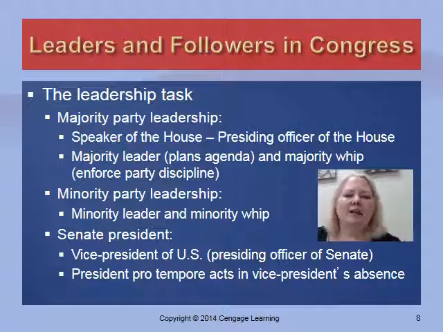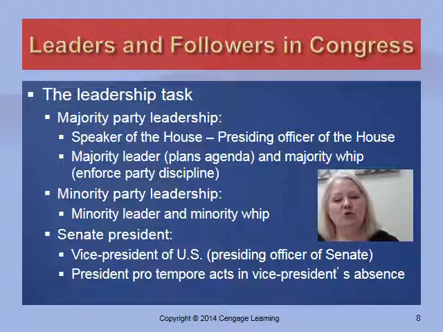Okay, so there are leaders and followers in Congress. And in the majority party leadership, we have the Speaker of the House. The Speaker of the House is the presiding officer of the House of Representatives. And again, the Speaker of the House is chosen from the party that is in the majority.